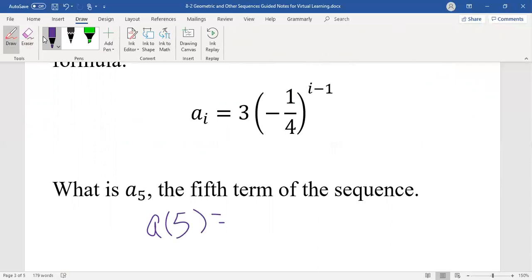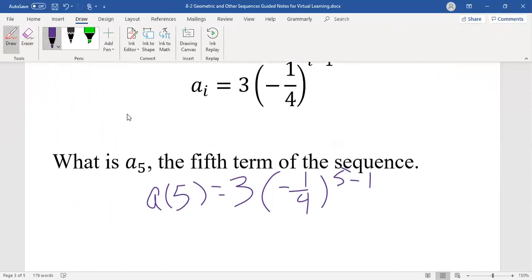So it will be 3 times -1/4 to the 5 minus 1. Simplifying the arithmetic, we get -1/4 to the 4th. Now we use a calculator.